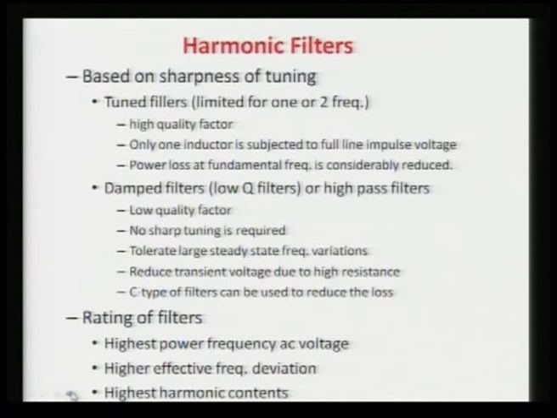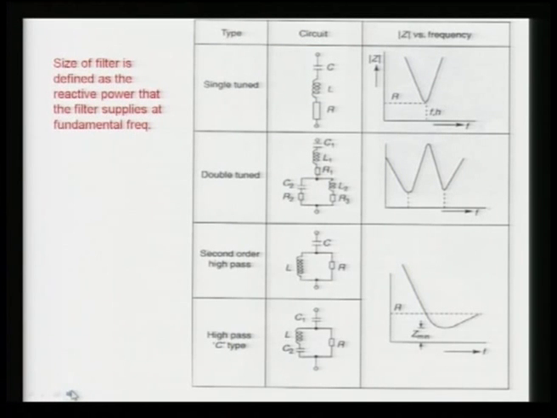Let us see what the C type is and what its configuration is. You can see here, as I said, this is your single tuned RLC filter, tuned for one particular frequency where it offers the minimum impedance, that is the resistance R, so this is an RLC series circuit.